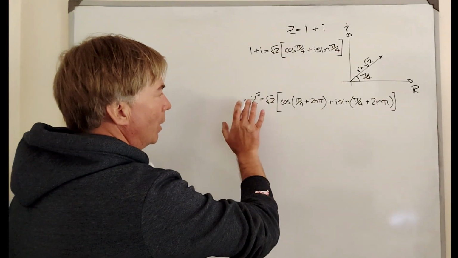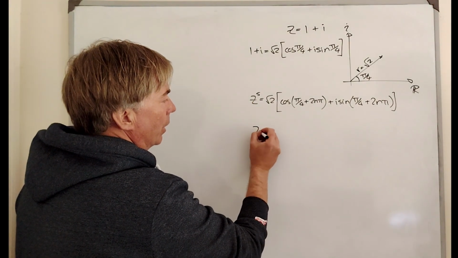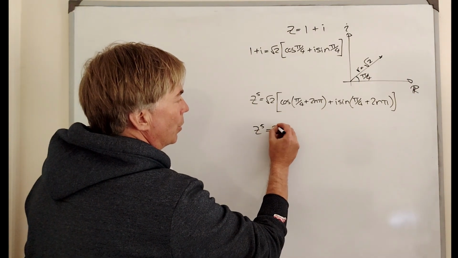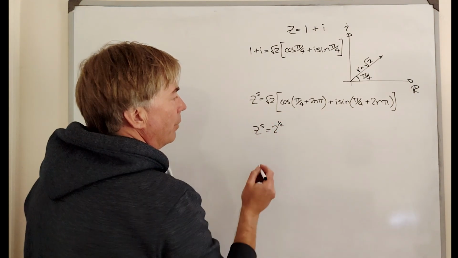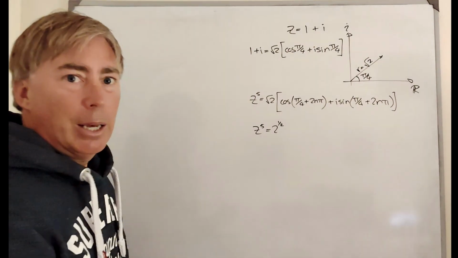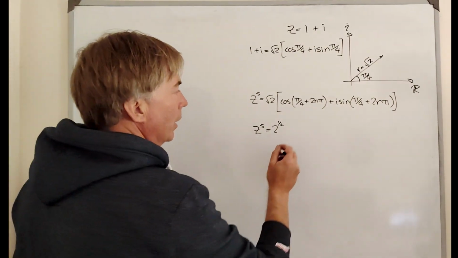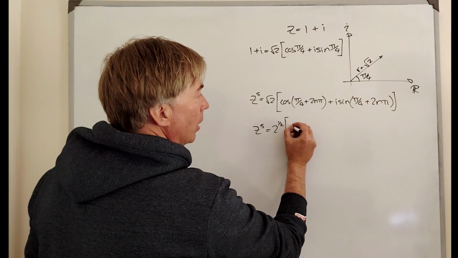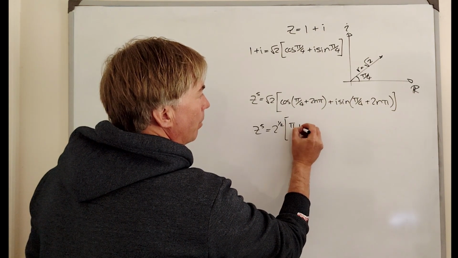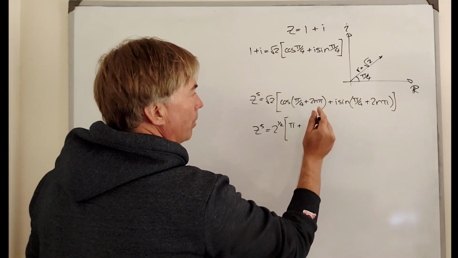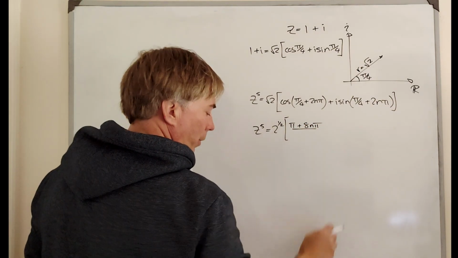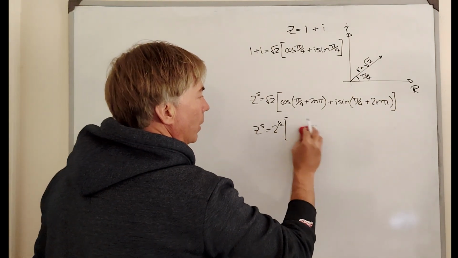So what I'm going to do before I even start taking the fifth root is a nice little fix. I'm going to say root 2 is 2 to the half because I'm going to be having to multiply that shortly. But I'm going to combine this into one fraction. So I'm going to end up with pi plus 8n pi, this is 8n pi over 4, all over 4. I'm sure I did this in the last video.